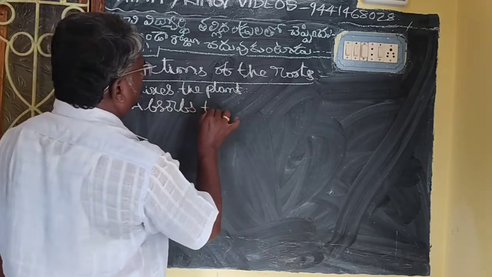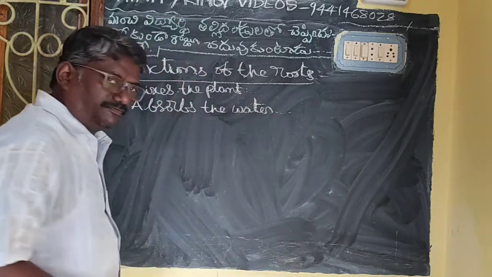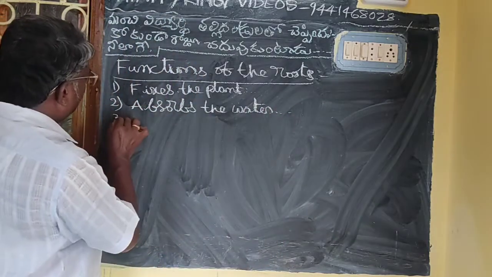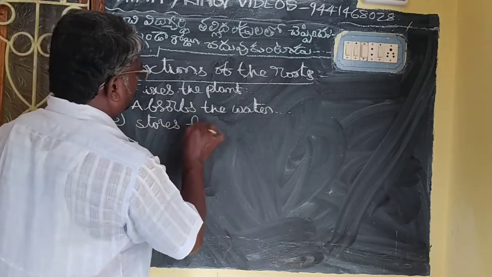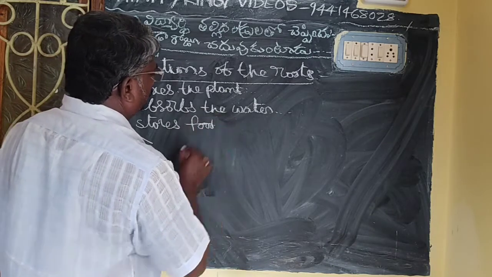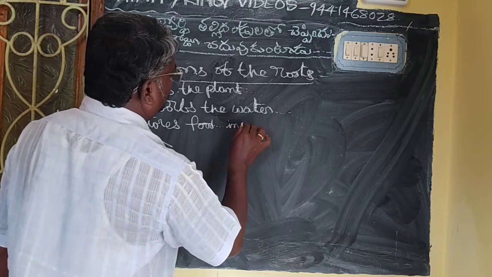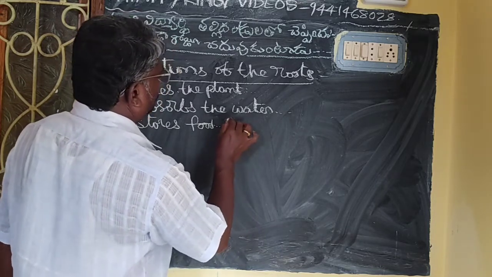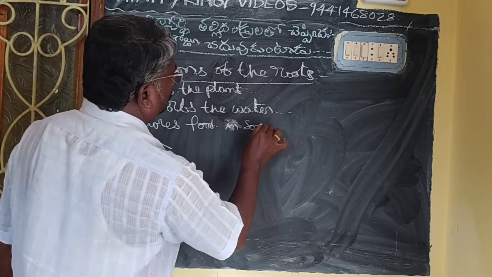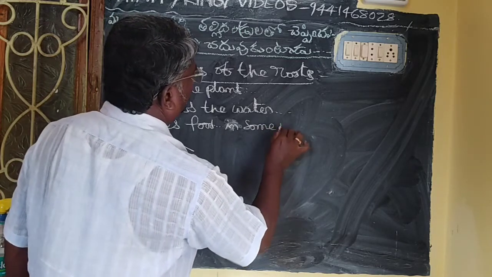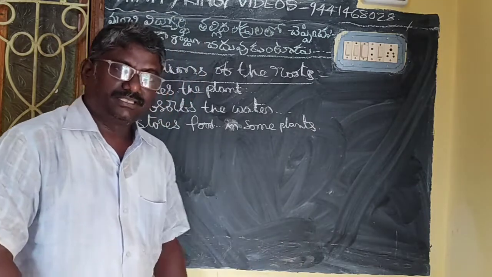The third one, stores food in some plants, like modified roots. These are the main functions.